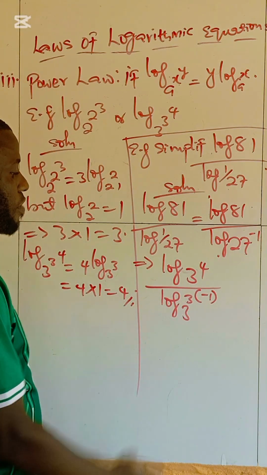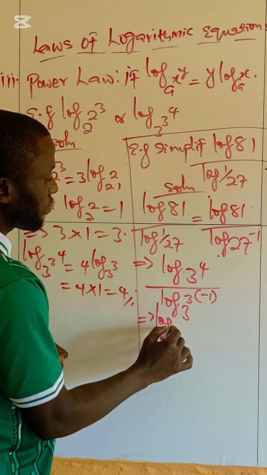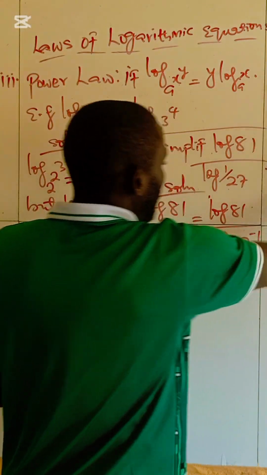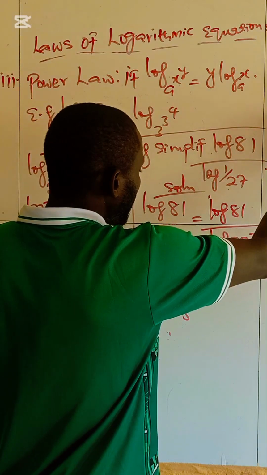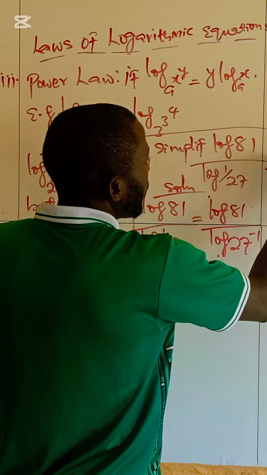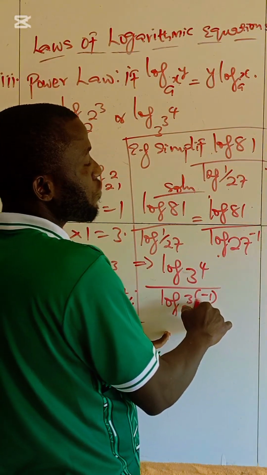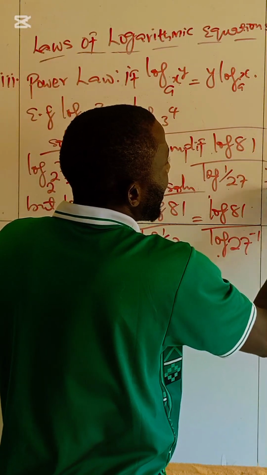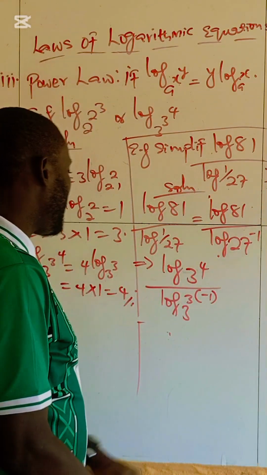Invariably, when you look at this, you're going to have log base 3 of 4 all over log to base 3 of, when you multiply this, 3 times minus 1 will give you minus 3. This will now become minus 3. So you have 4 over 3 minus 3 as your final answer.